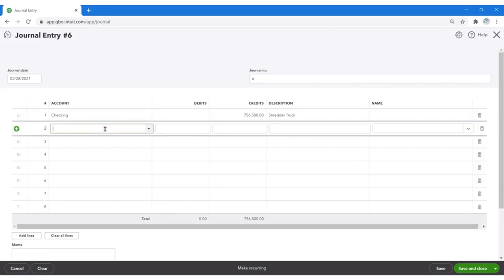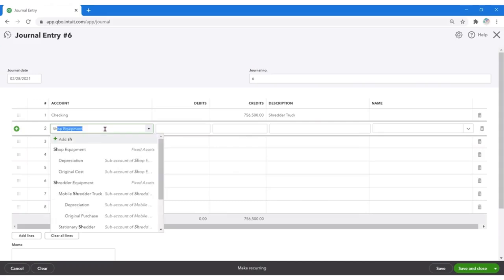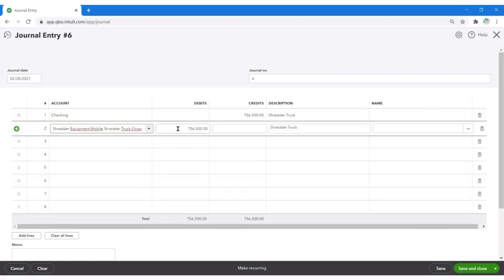Now we're going to account for where the money is going. Well, we purchased a shredder truck and we have that on the chart of accounts already. And this is the original purchase. So you can see it's a sub account under the mobile shredder truck. So I'm going to choose that in there as a debit.